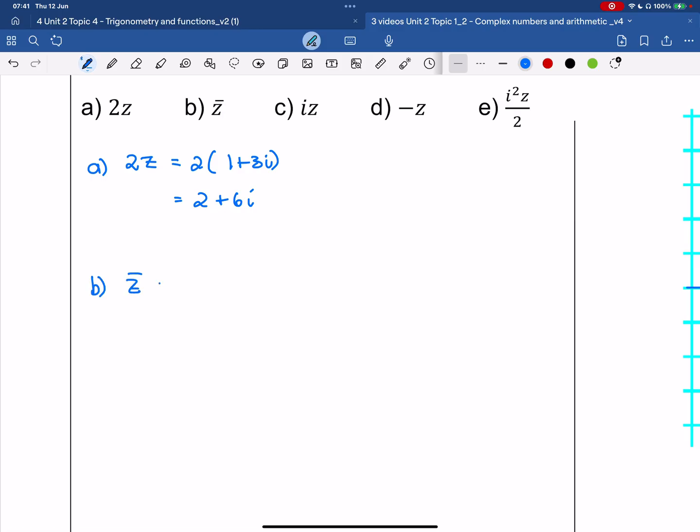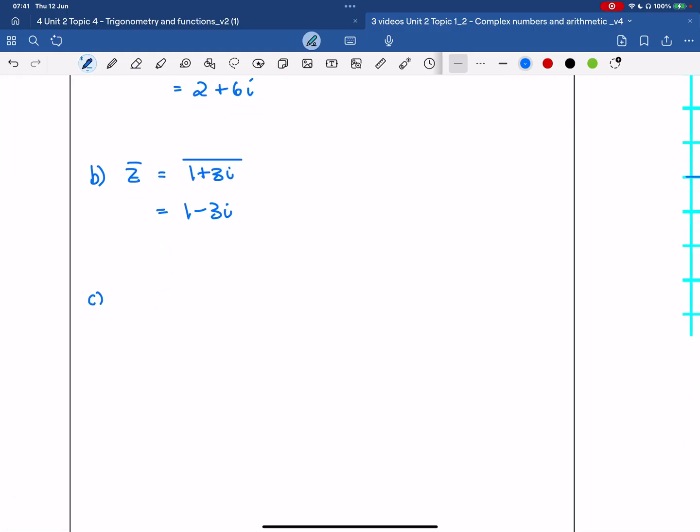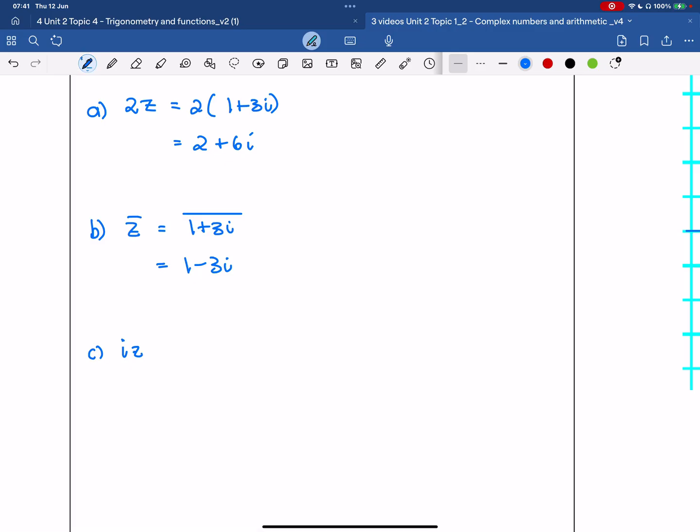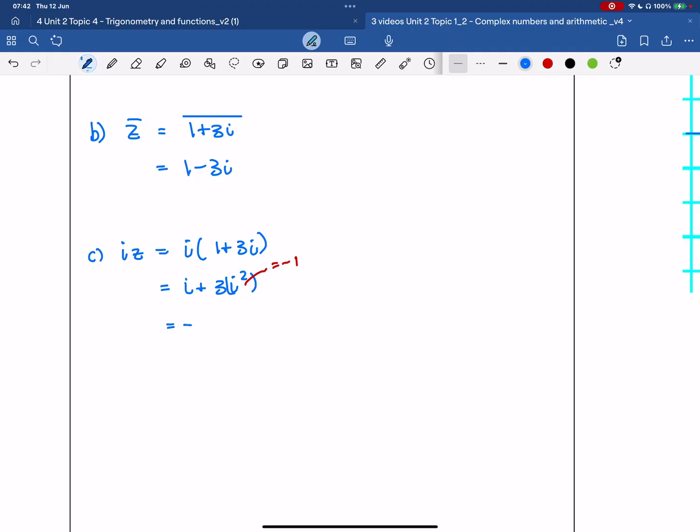My conjugate of z is 1 plus 3i conjugated, which becomes 1 minus 3i. i times z becomes i times 1 plus 3i, which becomes i plus 3i squared. And we know that i squared is equal to negative 1. So that becomes negative 3 plus i.